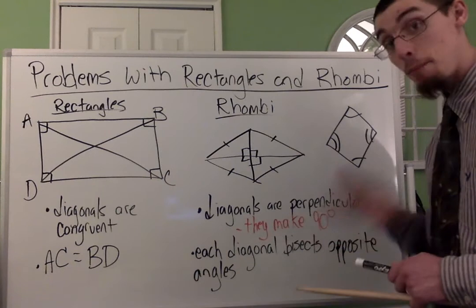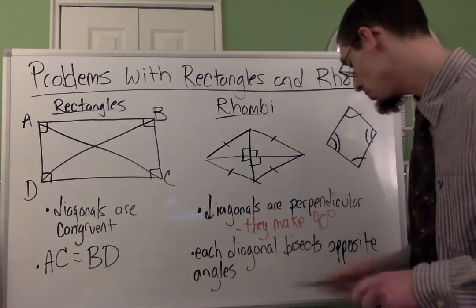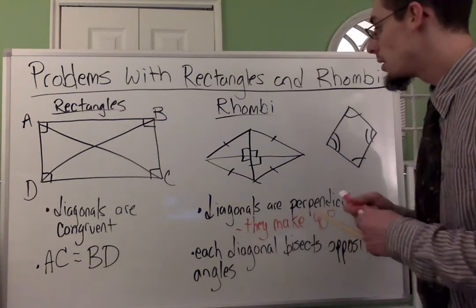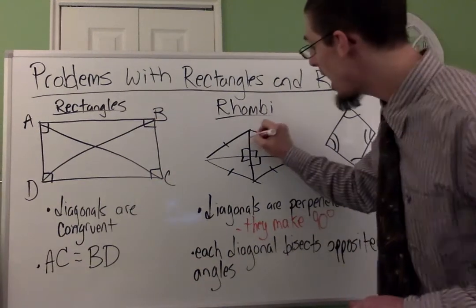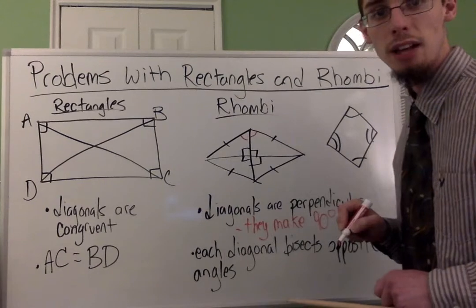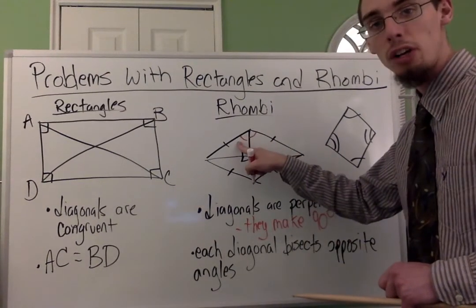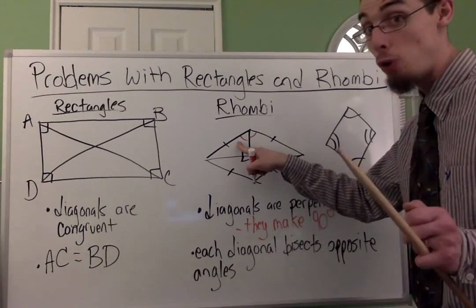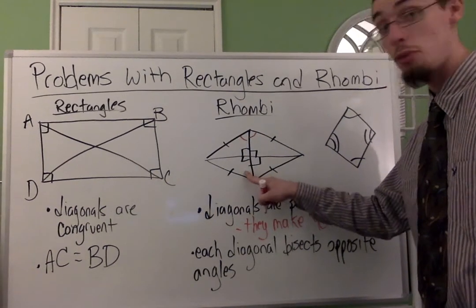So what that means, let's use a different color. This angle would be congruent to this angle. You see that? These two angles are congruent. They're also congruent to these two angles.